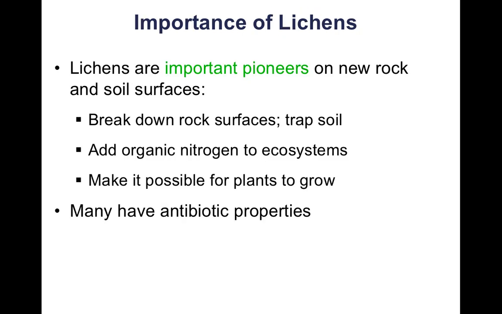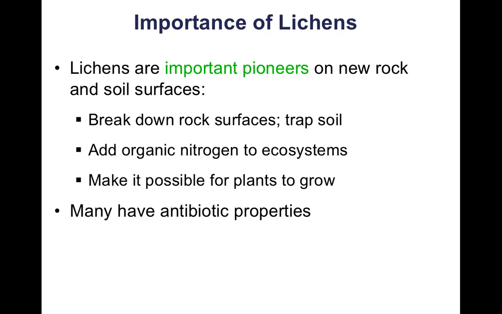So why are lichens important? One of the most important things that lichens do is that they are soil builders. They're able to grow on rocks, and the fungus will secrete different types of enzymes that are going to break down the rock a little bit. They'll trap bits of soil, and they're just soil builders, right?